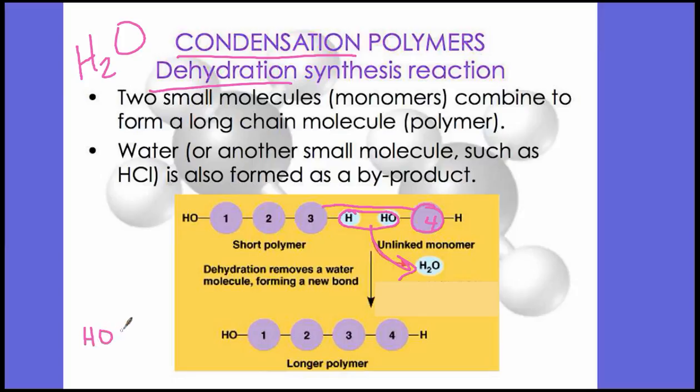I have a monomer on this side, and now my chain is 4 long. What do I do to add this guy as number 5? What's HHO? Take that, remove the water, bond forms. Now I have 5 parts to my polymer.